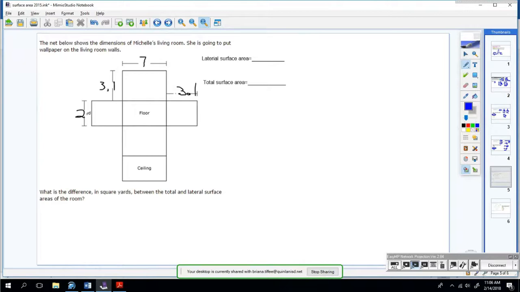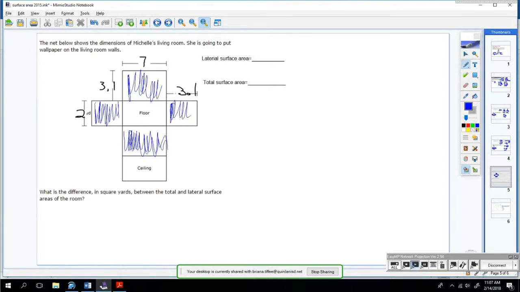So let me first label my walls. So my blue is my lateral. These are not on your notes. The one that's on your notes is going to be the one that you're going to do by yourself. Okay? So the blue ones are your lateral.